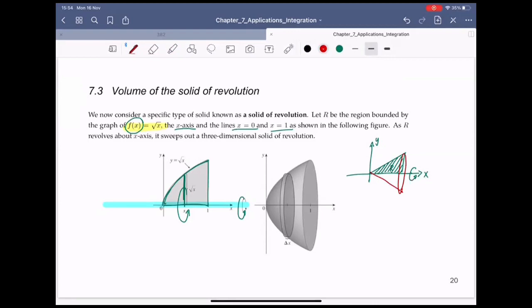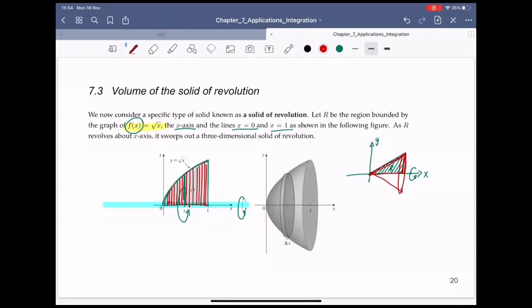Because if you use the region R as your starter and rotate about the x-axis, at the end you get a cone. The same thing with this: you have the piece bounded by square root x, and then you rotate about the x-axis. You just keep rotating, and once you get the full rotation, you get a solid here.